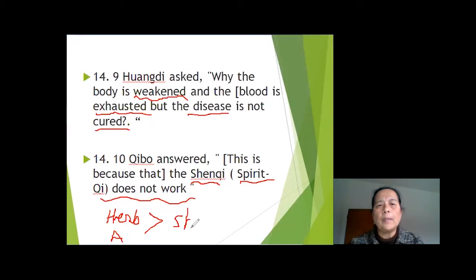If the spirit or shen is not in there anymore, nothing will work. So that basically tells us how important spirit or shen qi is during our treatment. So if a patient has a severe kind of deficiency, like qi and blood totally losing, the illness is difficult to treat.